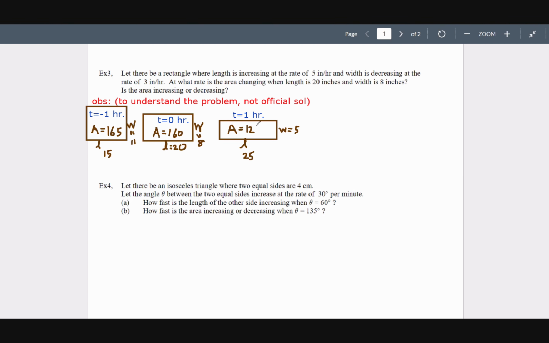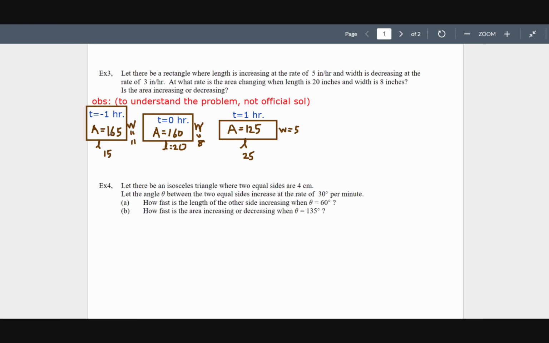So when t is equal to 0, is the area increasing or decreasing? Again, at that instant, is the area increasing or decreasing? Now, when you look at this from 165 to 160 to 125, it looks like it is decreasing, but this is not conclusive. Who knows?